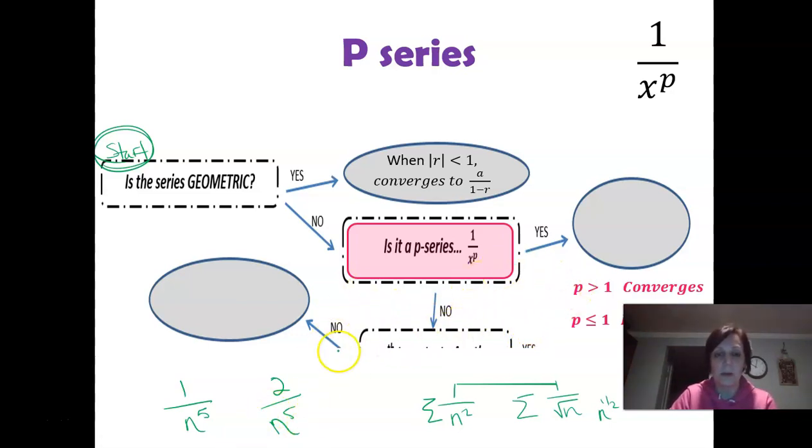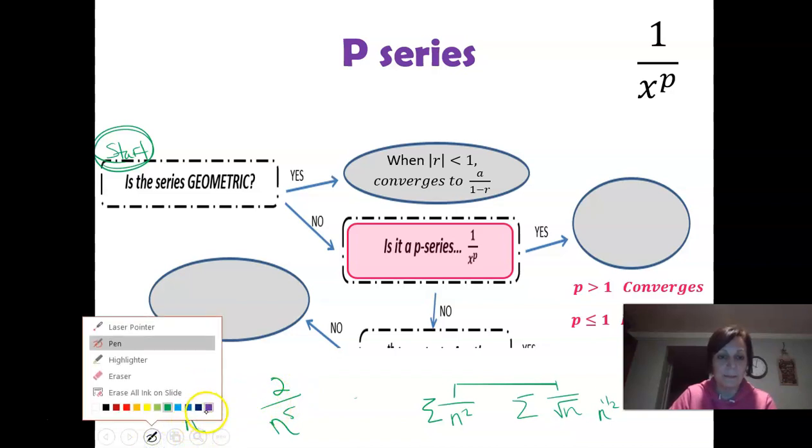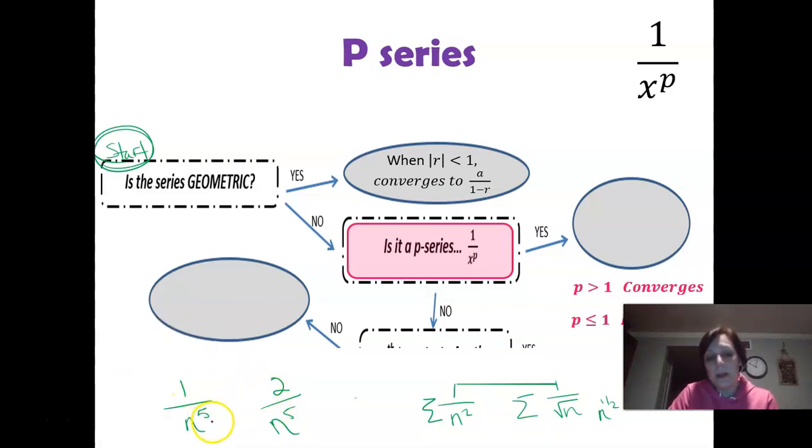Okay, so a couple things on p-series. Number 1, like I was saying before, if you have something like 2 over n to the 5th, if 1 over n to the 5th converges, that means this series is going to come out to be some finite number.